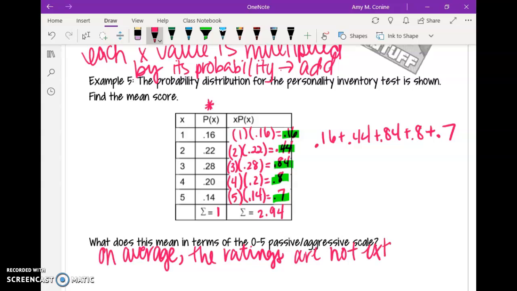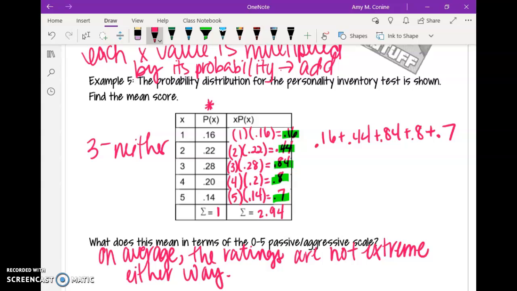So all that means is that since the middle, if you remember from yesterday, a 3 means you aren't passive aggressive, but you're not extremely aggressive. So on average, the ratings are not extreme either way. And so they're pretty close to that 3 ranking.